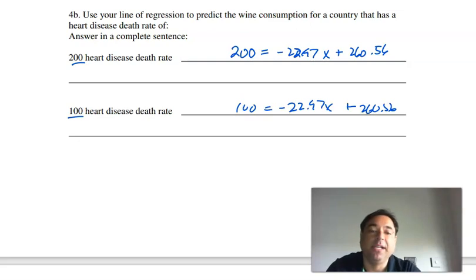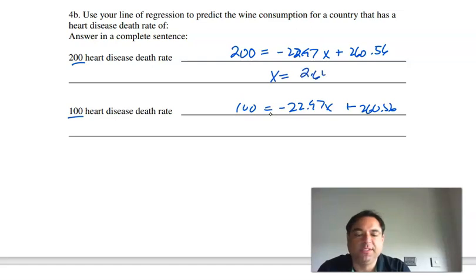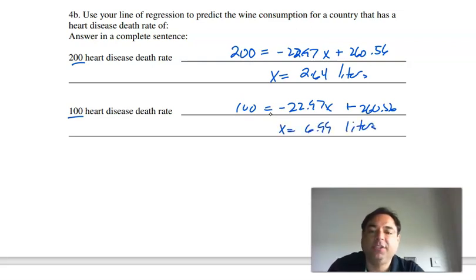For both of these, we're going to have to do some algebra. When you do the algebra, for 200 this is going to be x equals 2.64 liters, and for 100, x equals 6.99 liters. So at a heart disease death rate of 200, the predicted wine consumption is 2.64 liters, and at 100, it is 6.99 liters of wine consumed.